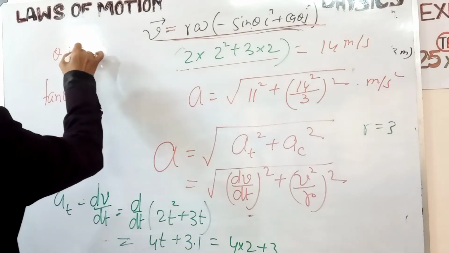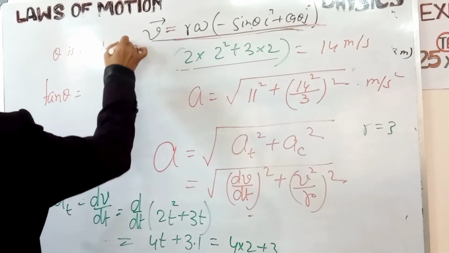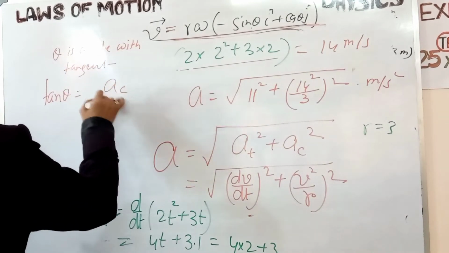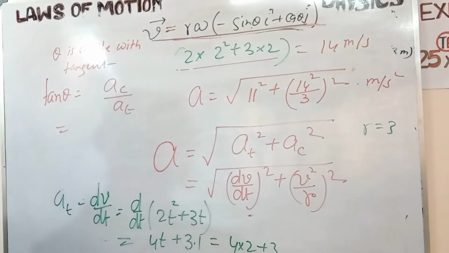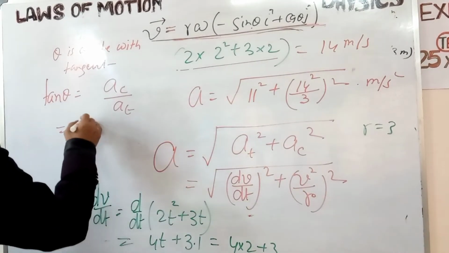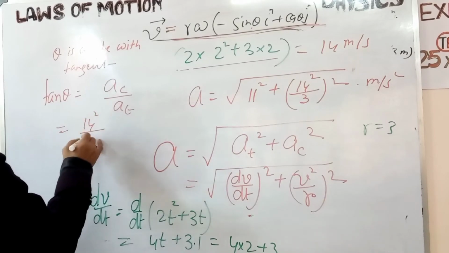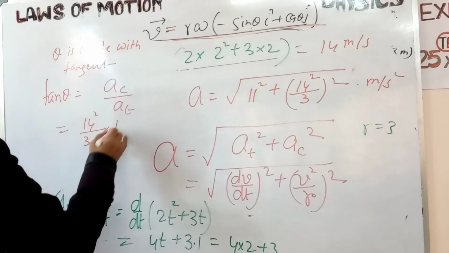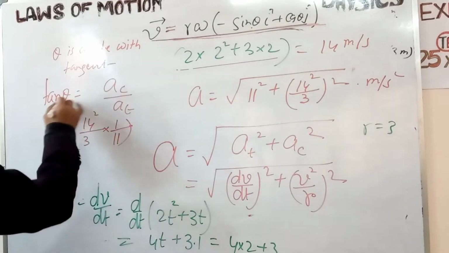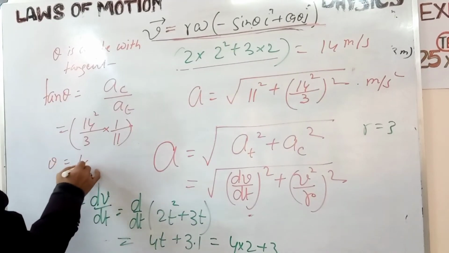Theta is the angle with the tangent. So tan theta equal to ac by at, where the centripetal acceleration is v square by r, divided by at equal to dv by dt. So tan theta equal to this result, and theta equal to tan inverse of this.